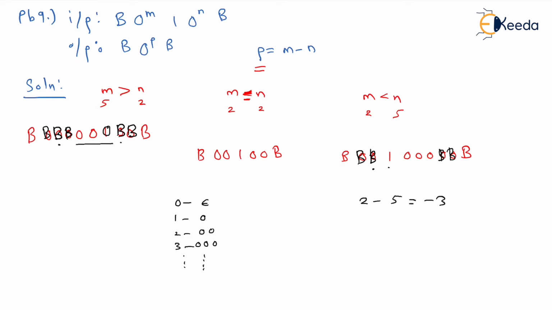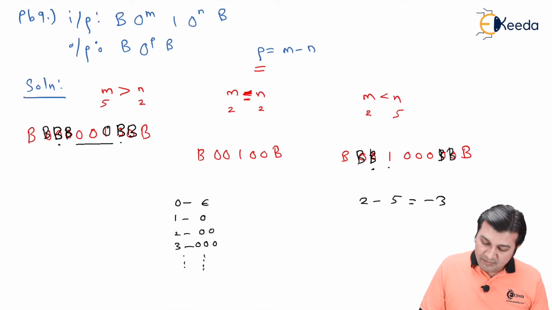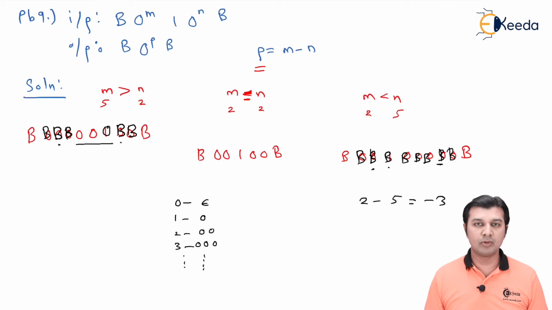So what are we going to do in that case? If that is the case, we are going to say the output does not exist. So the moment I get this kind of case, we understand that m is less than n. So on the state to the right of this, if you are not getting a 0, then we are going to convert this one to blank and remaining all of the zeros to blank until we reach the blank, and we are going to stop.